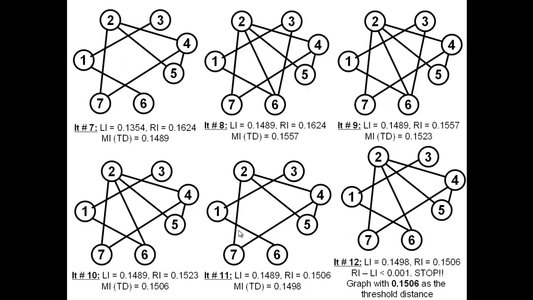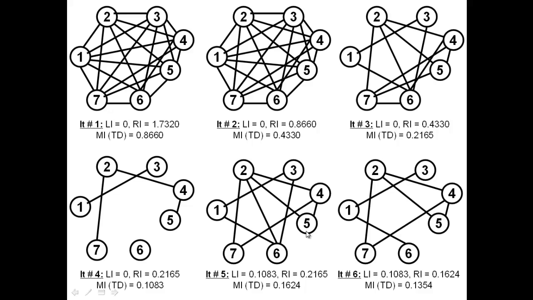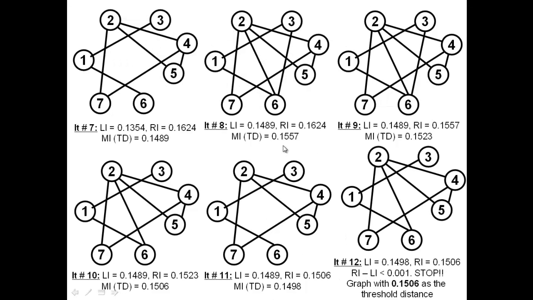So you can make the left index to be 0.1489, right index is 0.1624, the middle index is 0.1557, and that will lead us again from this graph, remove those edges that have a distance greater than 0.1557, so we get basically almost, this is the same graph, and this is a connected graph.